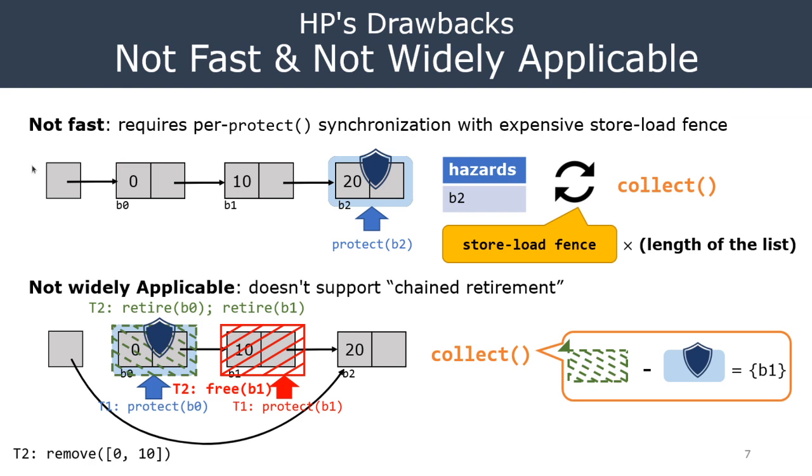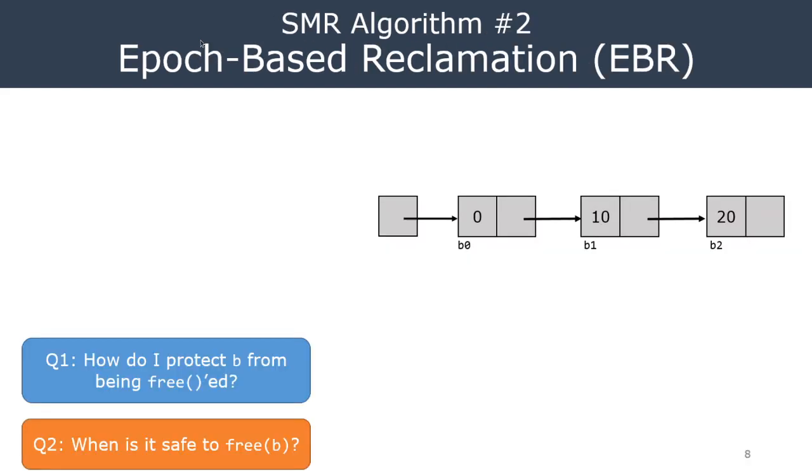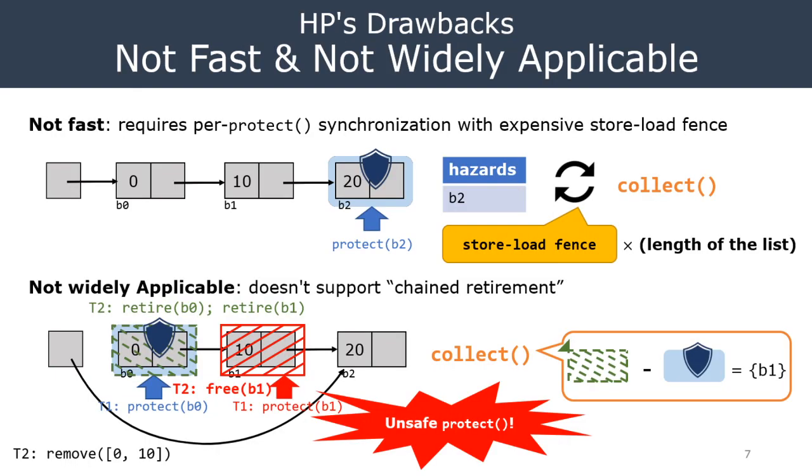And in the next video, we are going to resume with the next algorithm, the epoch-based reclamation algorithm, or EBR for short. This EBR solves the three problems of hazard pointers. It is easy to use, it is much faster than hazard pointers, and it is much more widely applicable than hazard pointers.